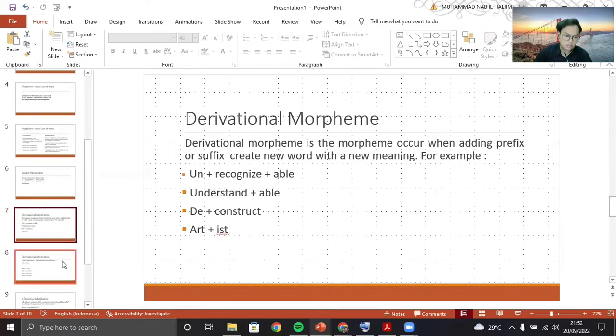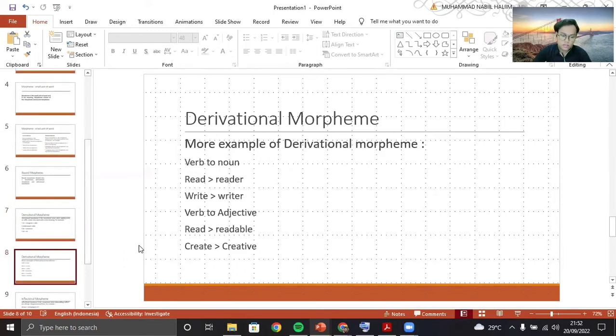Okay, next slide. So these are more derivational morphemes. Take a look at the examples of derivational morpheme. Verb to noun. Read becomes reader. Write becomes writer. And then we move to verb to adjective.